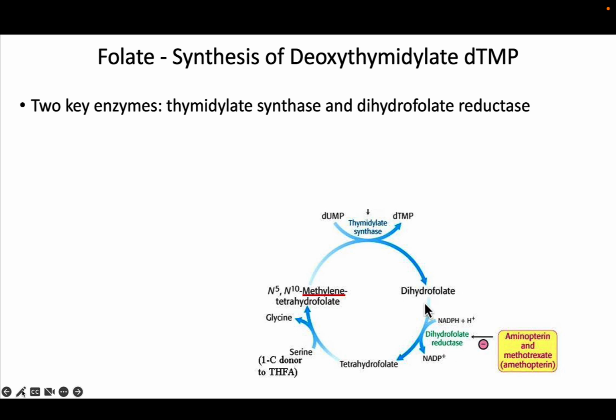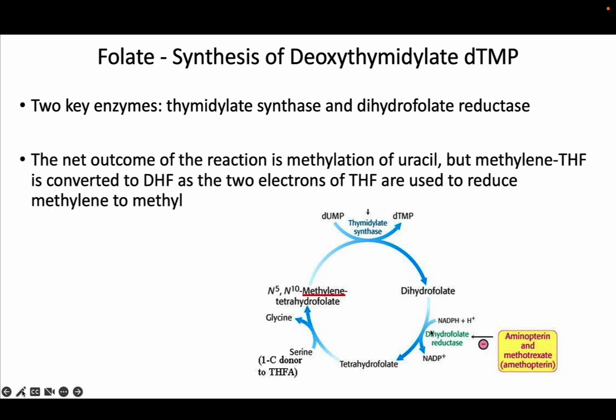So here we're trying to go from dihydrofolate to tetrahydrofolate. Methotrexate stops this step here. And this means that we aren't able to continue through the cycle to make tetrahydrofolate and then N5,N10 methylene, which ultimately fuel the production of purines.